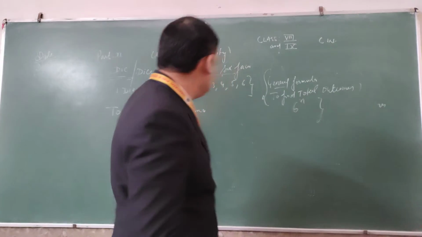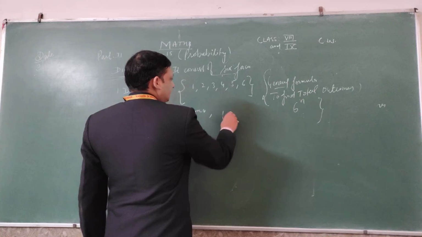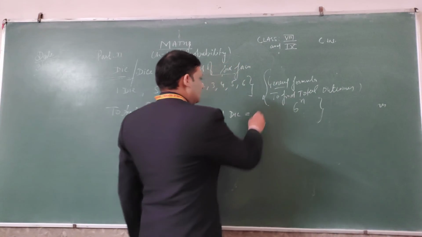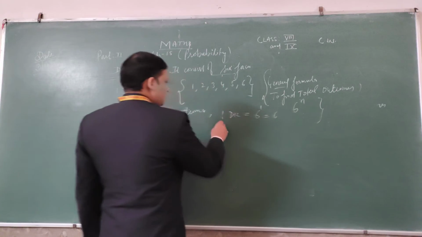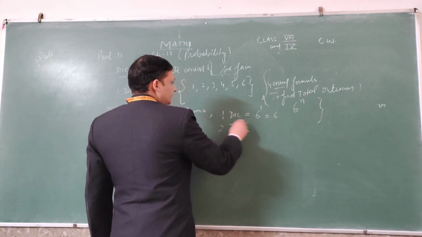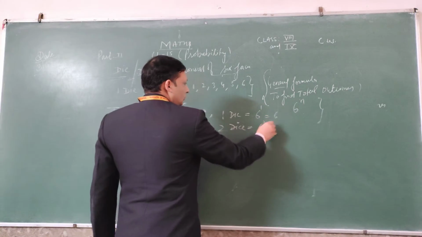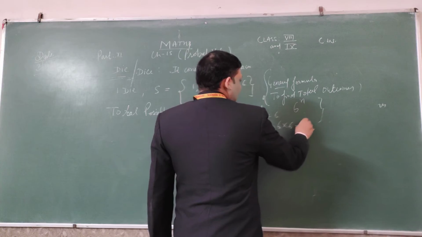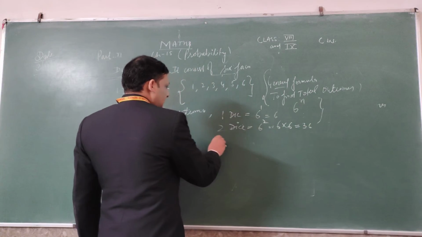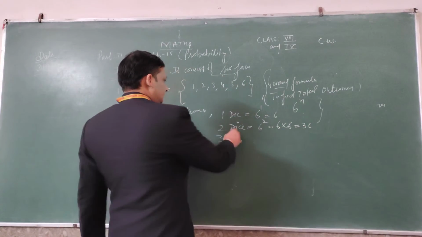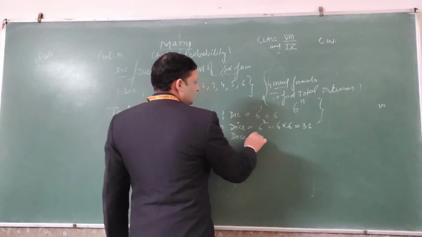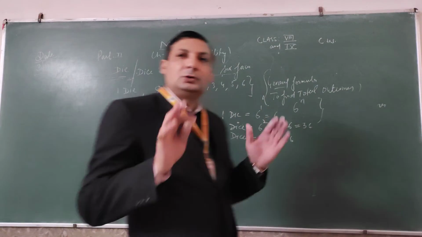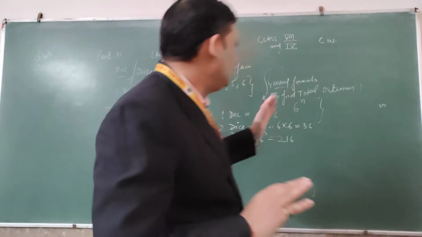For one die, n equal to 1, so 6 to the power 1 equals 6. For two dice, 6 to the power 2, which means 6 multiplied 2 times, 6 times 6 is 36. Then we toss 3 dice together. What are the possible outcomes? 6 to the power 3, which is 216. Like that we can find total possible outcomes of any number of dice.